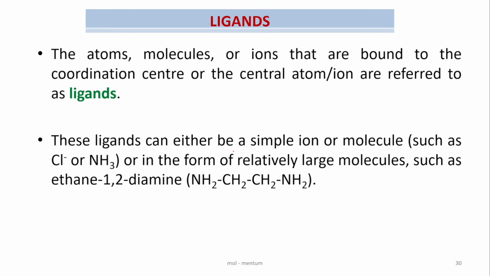These ligands can be simple, like chloride, iodide, bromide, nitrate, or relatively large molecules, bigger in size, like ethylene diamine, the oxalate ion with COO- and COO-, acetylacetonate, or EDTA, ethylene diamine tetraacetate, as we discussed. So some are simple, some are bigger molecules.